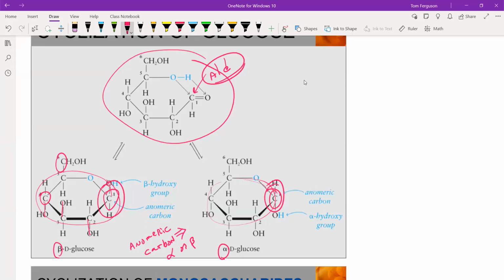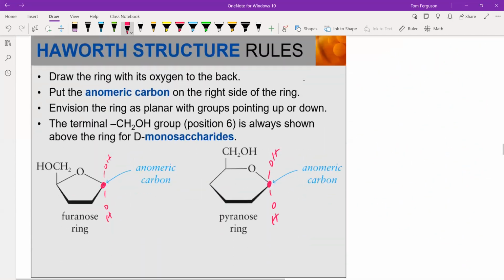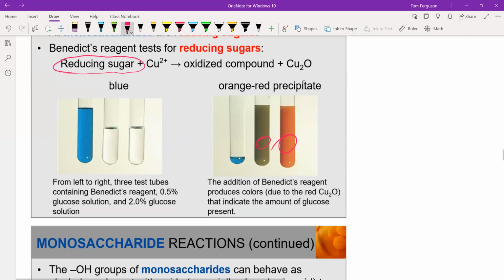So it's capable of opening up. When it opens up, it exposes an aldehyde, in which case with Benedict solution, you have a positive reaction.